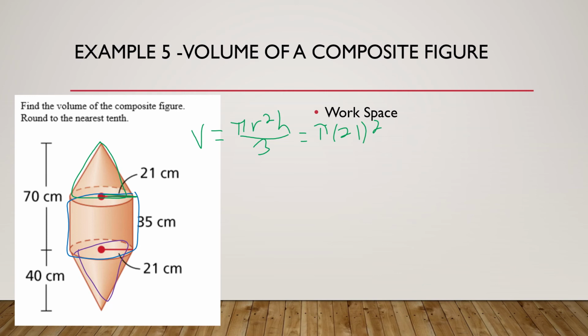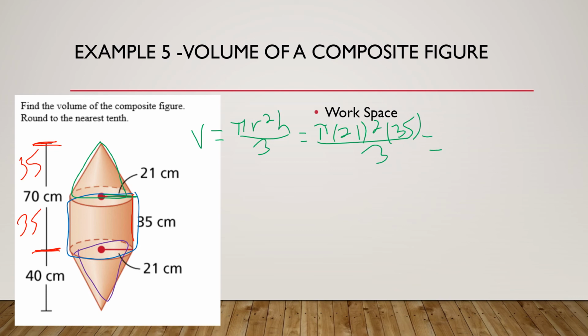When we're trying to find the height, from the bottom of the cylinder to the top of the top cone is 70. The cylinder takes up 35 of that. So to figure out the top cone, 70 minus 35 would also be 35. So my height would be 35, and then we would divide it by 3.